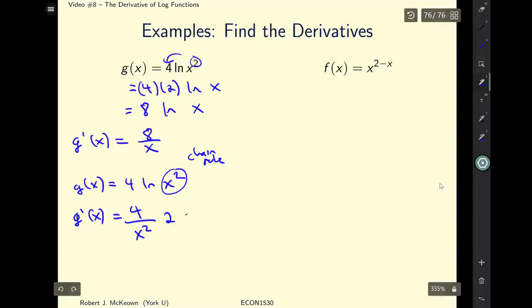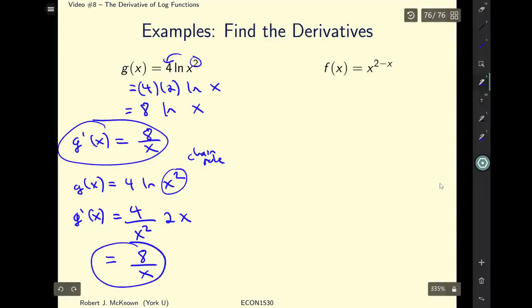And so that's going to give us 2x. And then we've got 2 times 4, that's 8. 8x divided by x squared is 8 over x. So we've got the same answer either way.